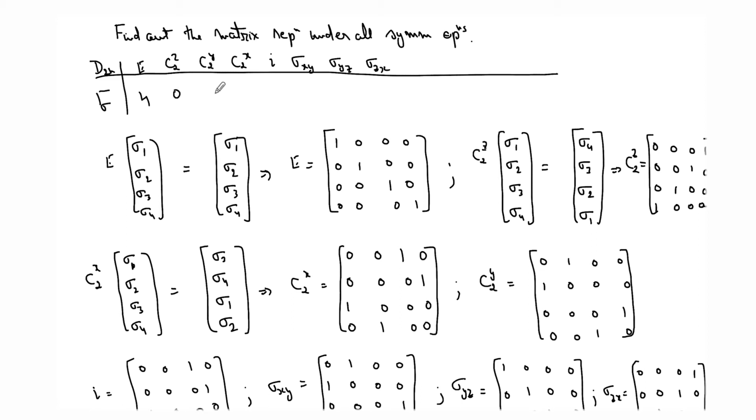Then C2y also it is 0. C2x also it is 0. I will be 0. Sigma xy will be 0. Sigma yz will be 4. And sigma xz will be 0. Right? So this is what we have got as the reducible representation now.